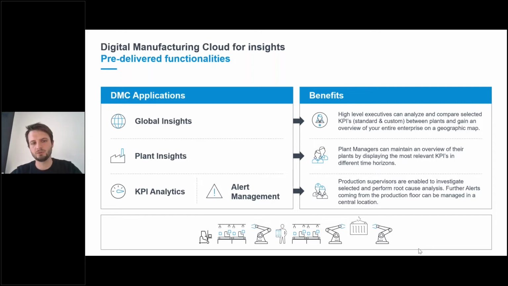As we go down to Plant Insights and KPI Analytics, the KPIs get more specific, focusing on certain parts of production. This allows for root cause analysis on lower hierarchy levels, where you can investigate how the different values of KPIs have come about.